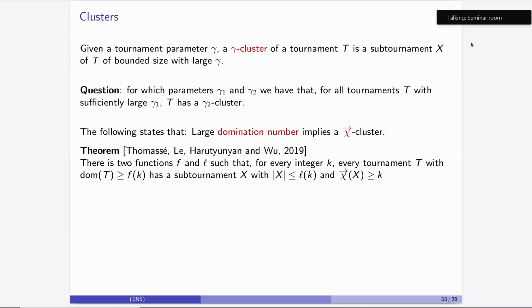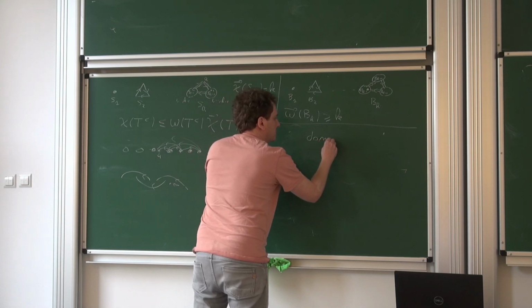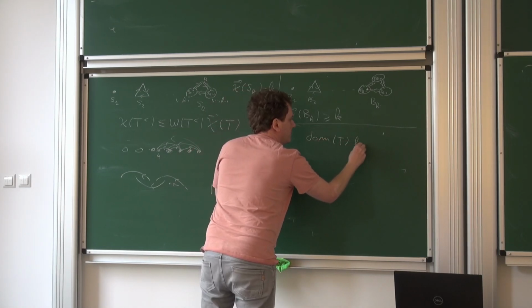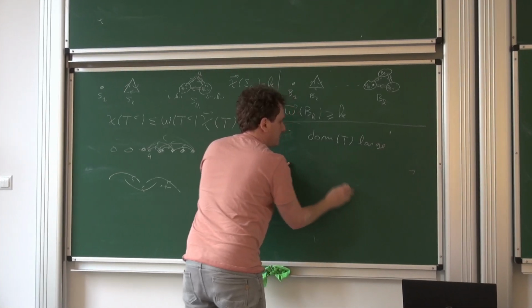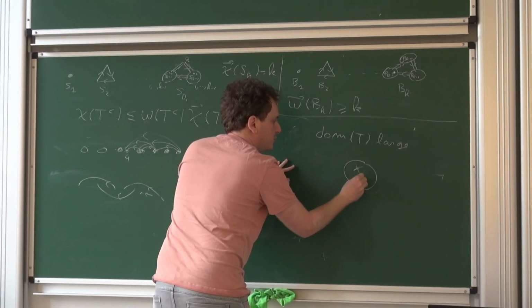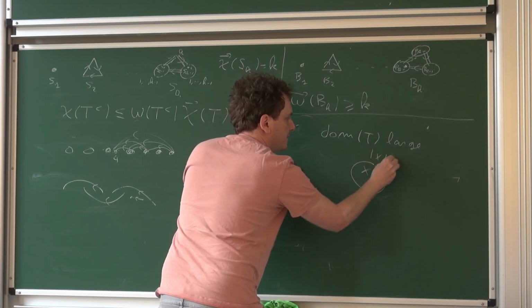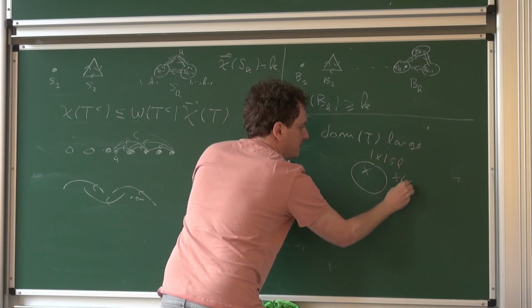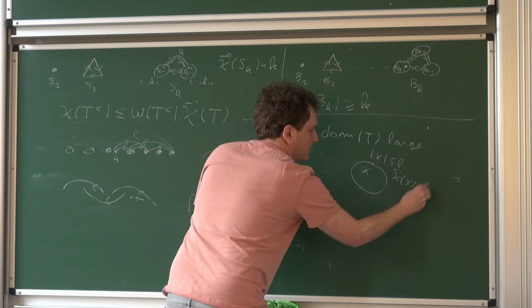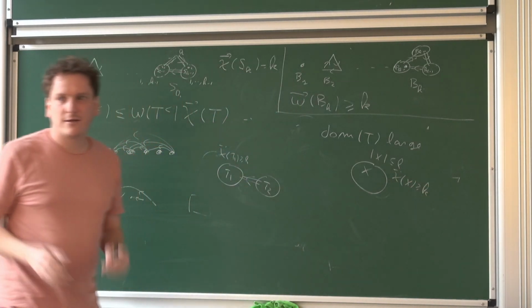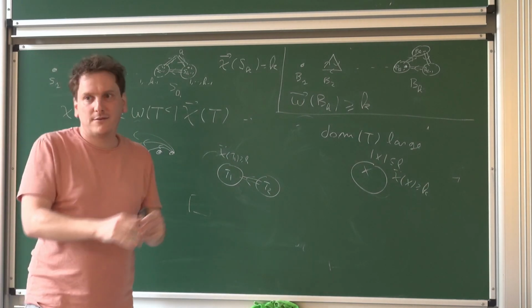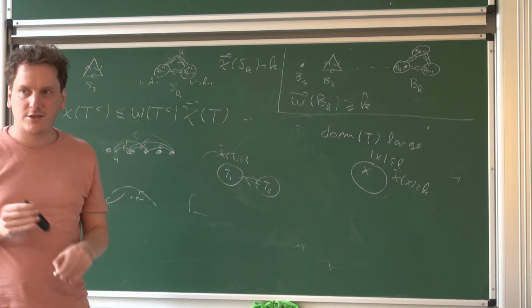This says that if dom of T is very large, then I can find a subtournament X of bounded size, and chi of X is large. Like locally, somewhere, there is a subtournament with large dichromatic number.